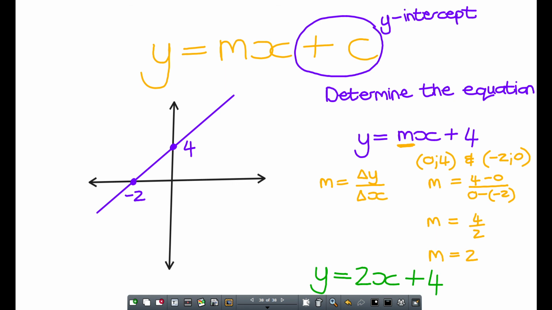Okay, now I'll show you the shortcut. The shortcut is difference in y over difference in x. You've got to make sure it forms a little triangle on your sketch. My triangle is going to be this one. Have a look. Difference in y, what's that distance? 4. What's this distance? Have a look. 2.